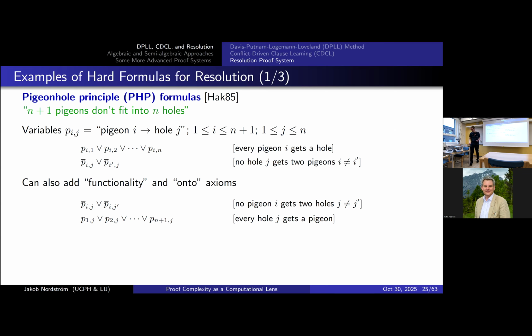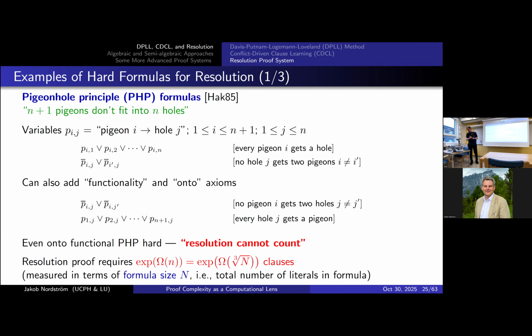That's unsatisfiable. Then you can also add the so-called functionality axiom that says that every pigeon should go into exactly one hole. And maybe you can also say that every hole should get at least one pigeon. If you add these axioms, then you get the functional pigeonhole principle or the functional onto pigeonhole principle. Adding constraints could just make the formula easier to prove unsatisfiable, but even the onto functional pigeonhole principle is hard.